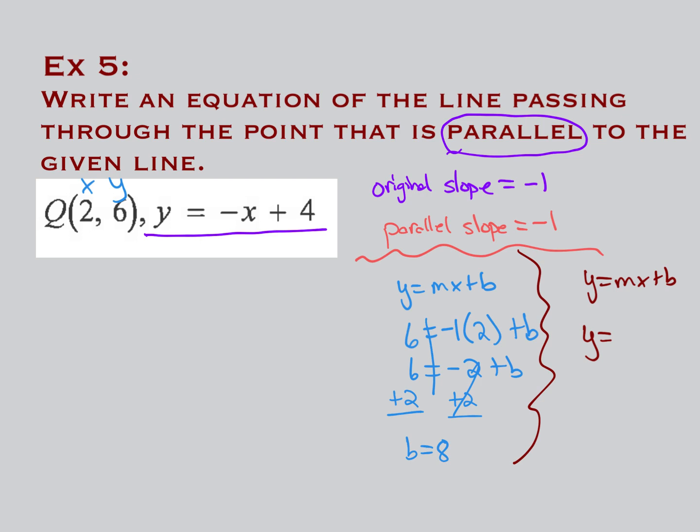It's the new slope we found, the parallel slope. What was that? -1. Brent, what do I do with x? Keep it. And then Alexis, what's my b? 8. Okay, so you can write it as y equals negative 1x plus 8 or y is equal to negative x plus 8. Either one would be right. Any questions with that?